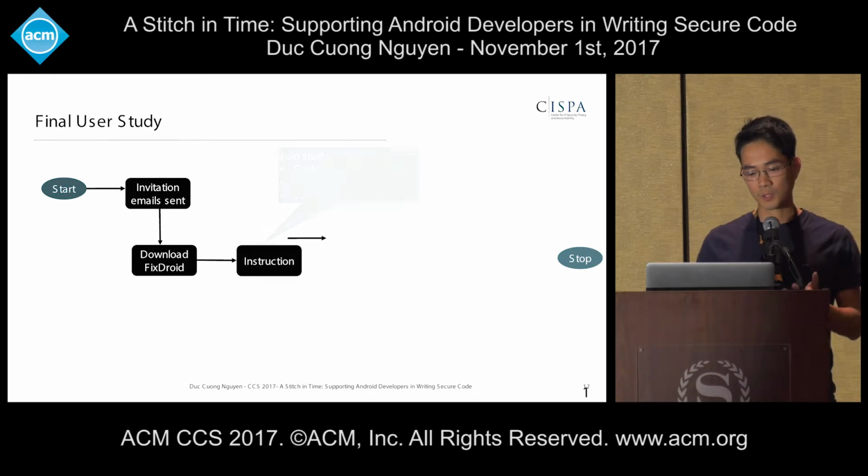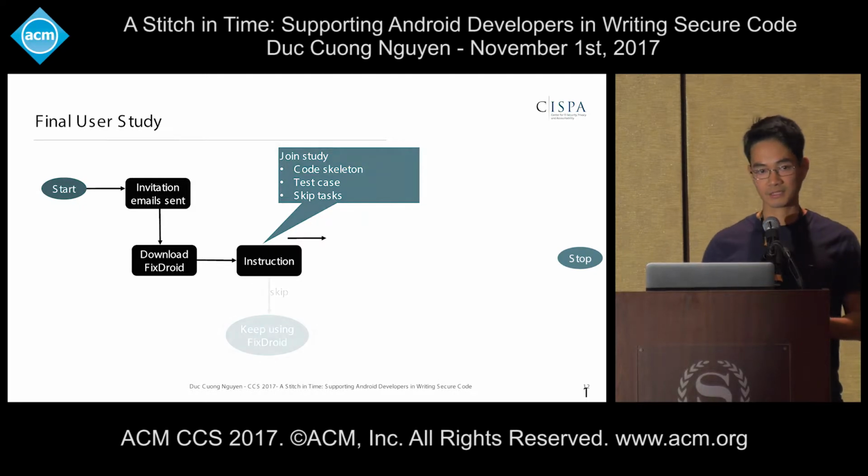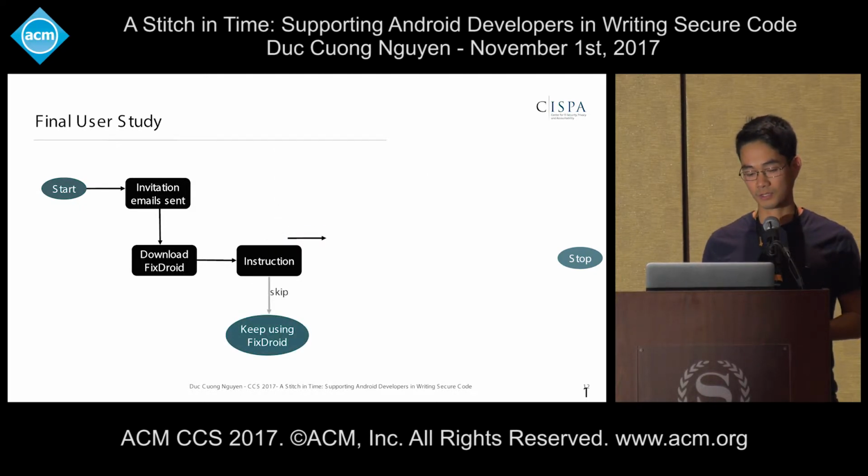We provide them a code skeleton for every single task, and test cases so they can run them to check if their solution actually works or not. If they find a given task uncomfortable, don't want to solve it, or are not able to solve it, they can skip it. And if they decide to skip the study, they can keep using FixRoid.